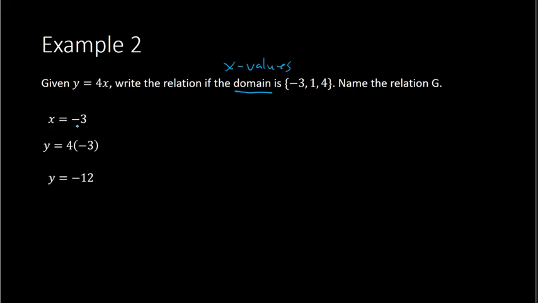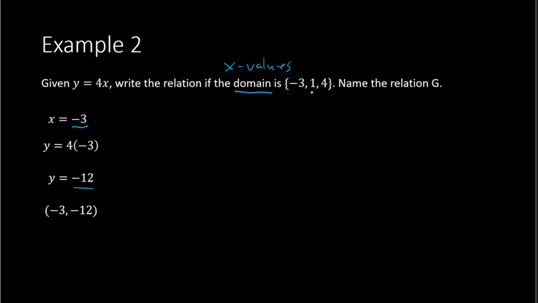So when x is negative 3, y is negative 12. I can write this as an ordered pair, where I put x first and y second. So I can write this as (-3, -12). So that is my first ordered pair, and I just do this again with the 1 and with the 4.